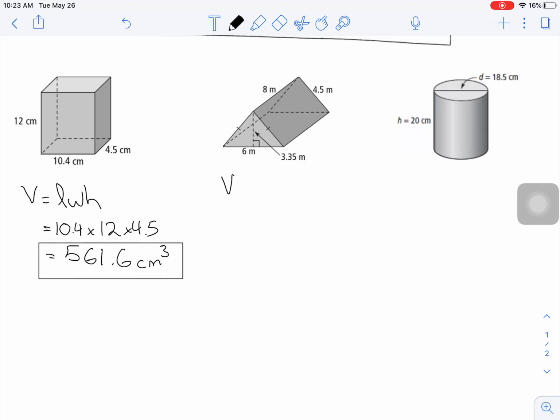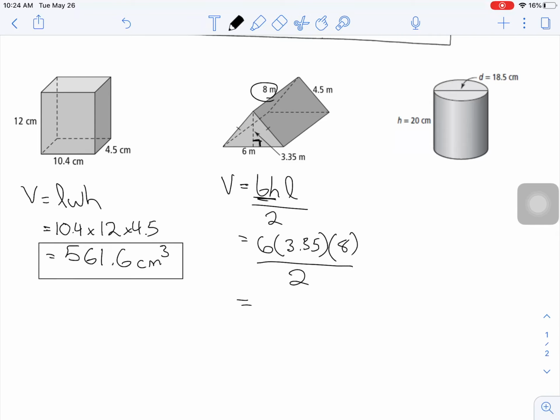Volume of this is base times height times length divided by 2. Well, now, looking at the base and height, remember, they always have to be at a 90-degree angle. And look, we see a 90-degree angle here. So the base in this case is 6, times the height, 3.35, times the length, which is 8, divided by 2.